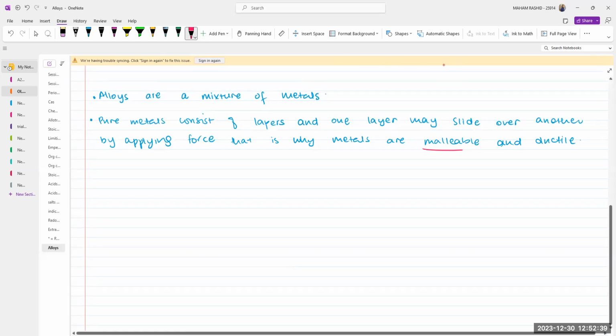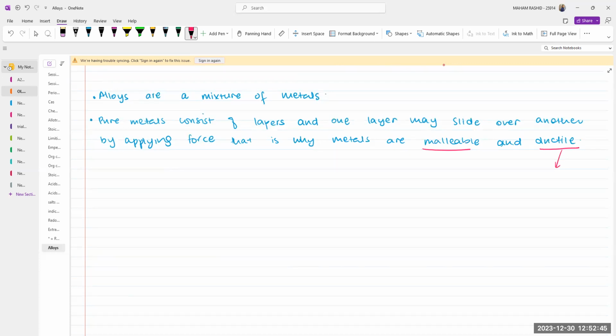What does malleable and ductile mean? Ductile means that the metal can be easily converted into wires. And malleability means that the metal can be easily converted into sheets, right?